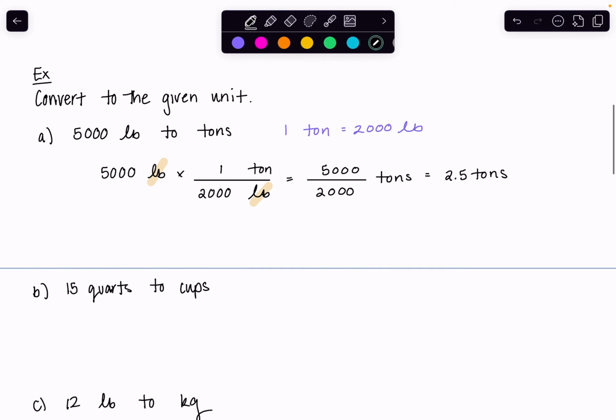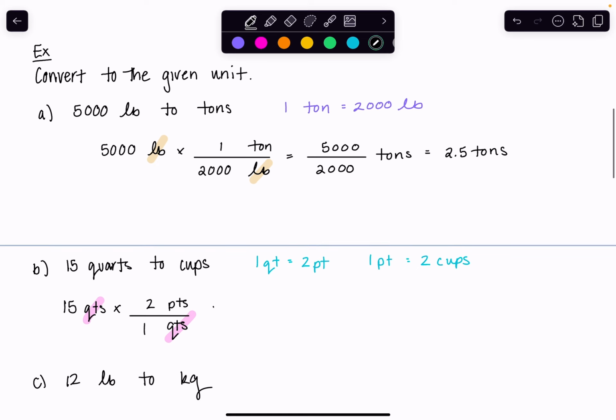Then moving on to go between quarts and cups. Unfortunately, I don't have a direct conversion, but I do know that 1 quart is equal to 2 pints. And then 1 pint is equal to 2 cups. So if I'm starting with 15 quarts, to get rid of quarts right away, we're going to put that in the bottom. So this way quarts is gone. And I know 1 quart is equivalent to 2 pints.